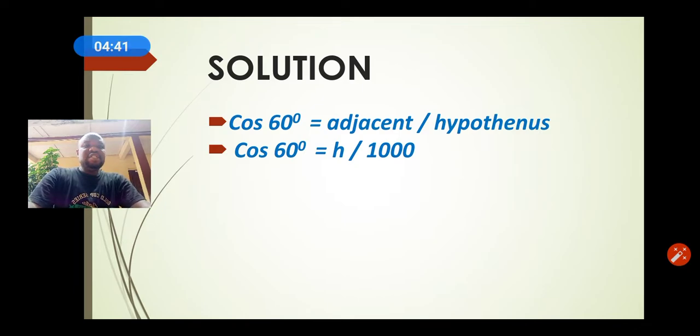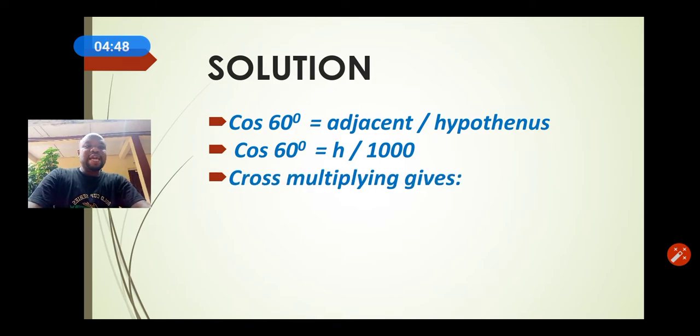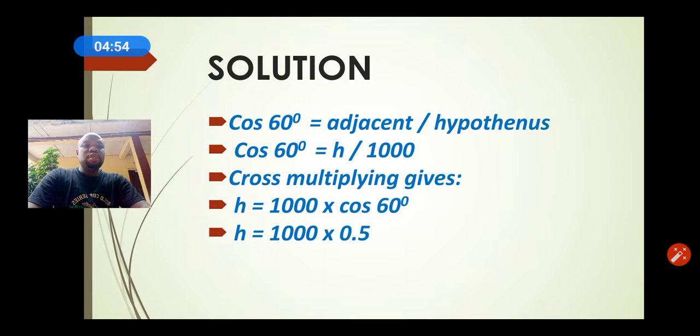The adjacent is the lettered side h, while the hypotenuse is 1000. When you cross multiply this, you are going to have 1000 times cos 60 degrees, which is 1000 times 0.5, and you finally have 500.